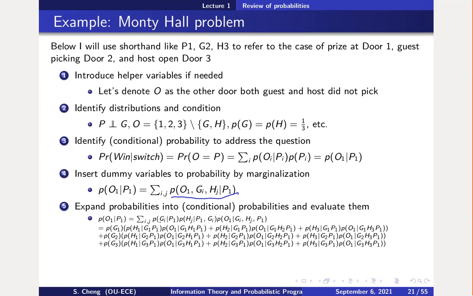I put G_i given P1 first, and then given G_i and P1, how H is related to G and P, and then given G, H, and P, how O is related to that. Then I would just write out all the summation here. I and J sum over 1, 2, and 3, so there will be 9 terms in general. I just write all of them. Now, if I try to observe each of them, let's see.